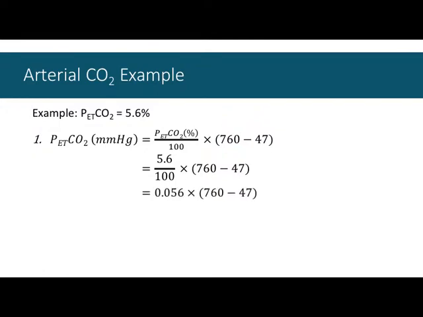If I simplify this further, 0.056 times the difference, or the atmospheric pressure corrected for water vapor, 0.056 times 713 gives me 39.93 millimeters of mercury. Essentially what that's saying is 39.93 is 5.6% of the atmosphere.